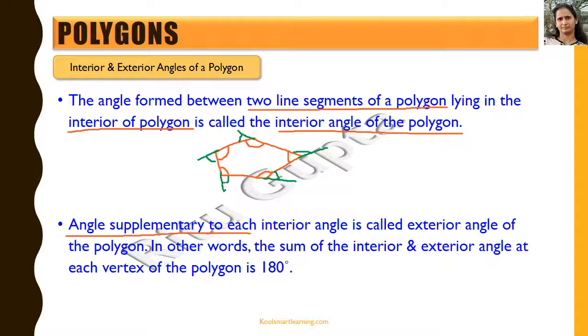So these are the 5 exterior angles of the polygon, and as we say, the angles are supplementary to the interior angle. So we clearly see that the interior angle plus the corresponding exterior angle add up to 180 degrees. So they are supplementary angles.